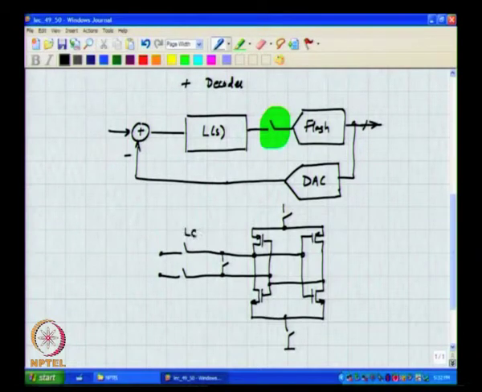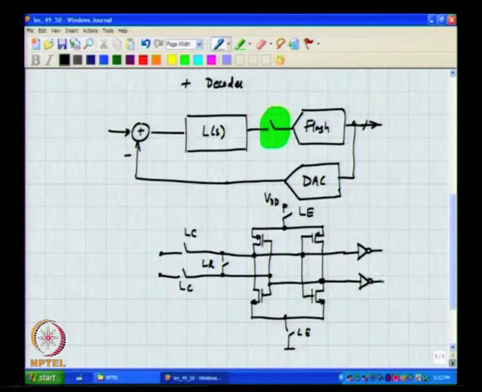So, this is LC, latch reset, latch enable, okay, and then you hold this on some other delayed clock.